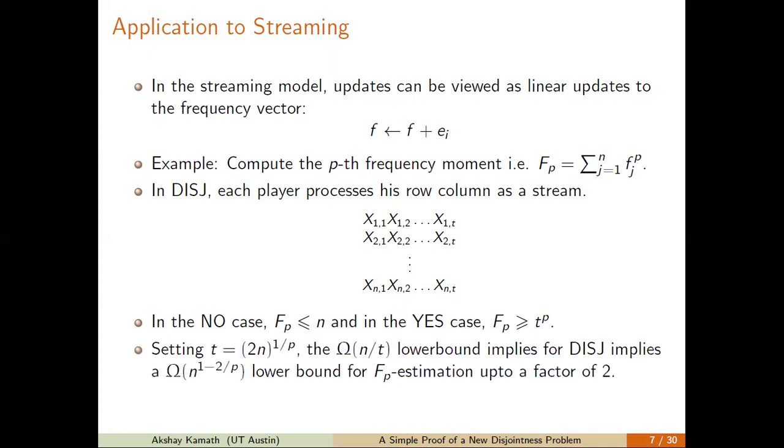So by setting t to be 2n to the 1 over p, we can use the n over t lower bound for disjointness to infer an n over t squared lower bound for Fp estimation up to a factor of 2. So this gives us an omega of n to the 1 minus 2 over p lower bound for Fp estimation up to a factor of 2.